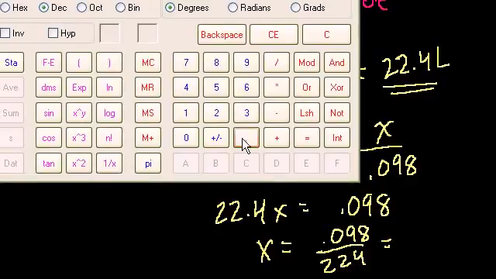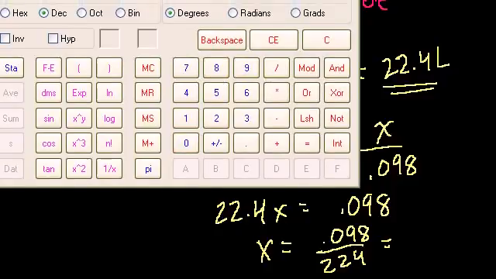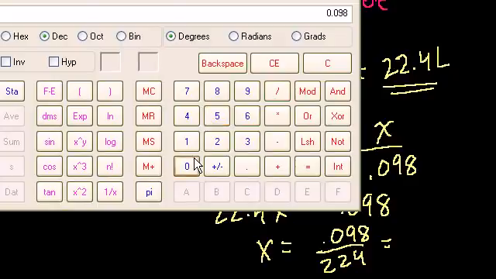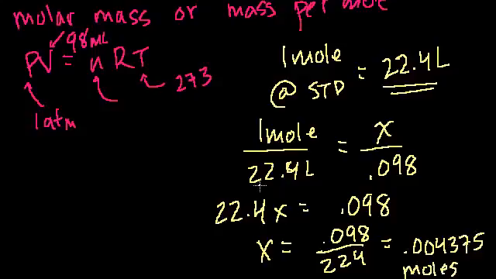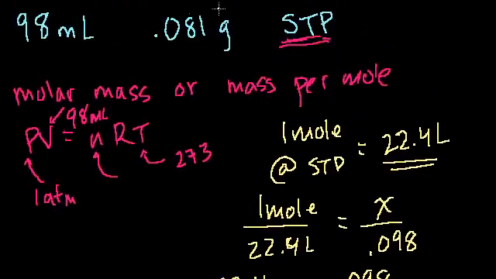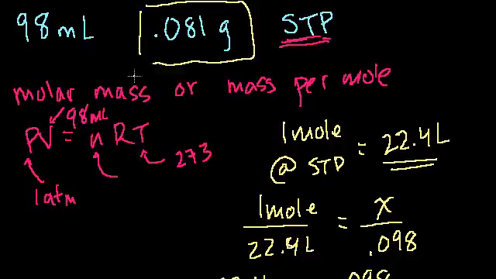So 0.098 divided by 22.4 is equal to 0.004375 moles.